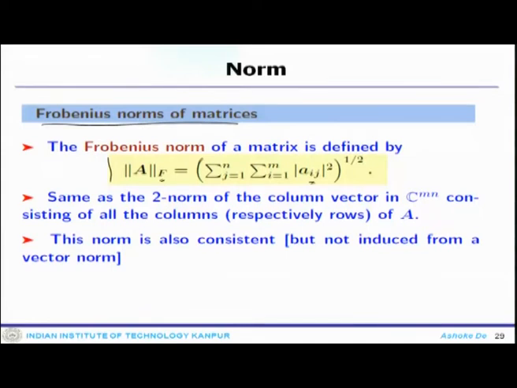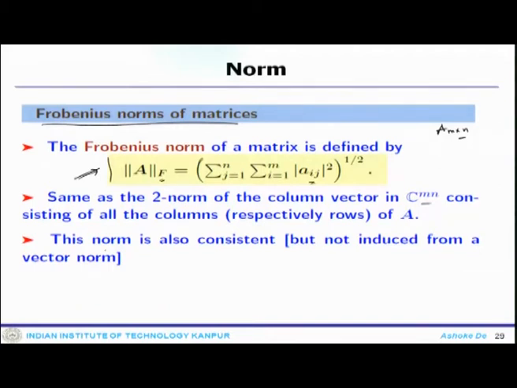This is the same as the L2 norm of the column vector in C^mn, consisting of all the columns of A. That means A is an m by n system, so it has all these n columns. So, the L2 norm of column vectors is going to represent the Frobenius norm.